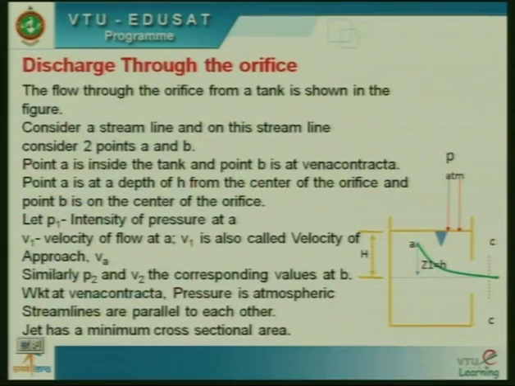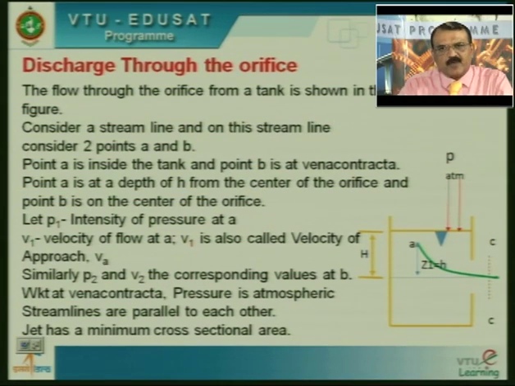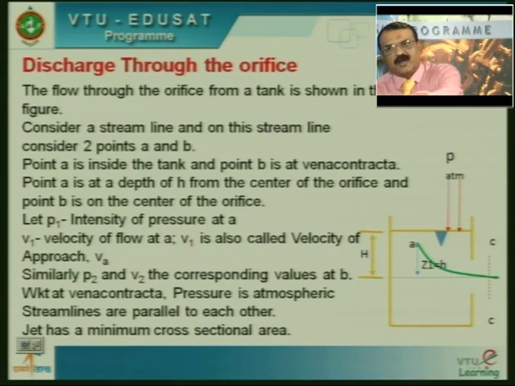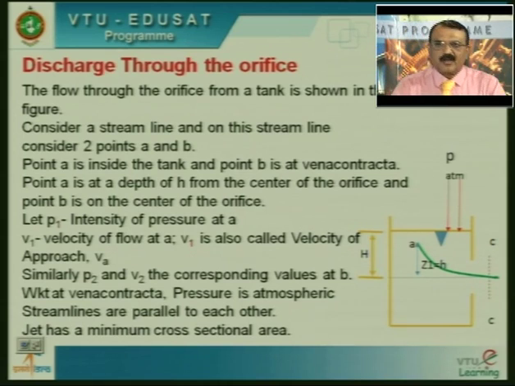That is why in studies most of the time we neglect this VA as negligible, or VA is equal to 0. Again I repeat, V1 is also called VA, the velocity of approach. Velocity of approach is defined as the velocity at which the fluid particle approaches the outlet or the orifice.